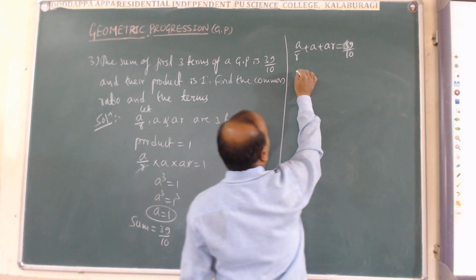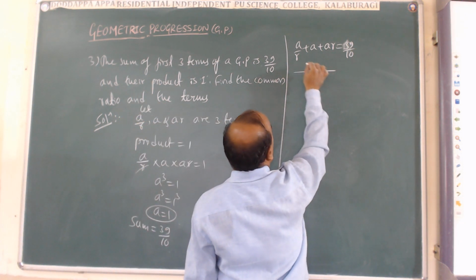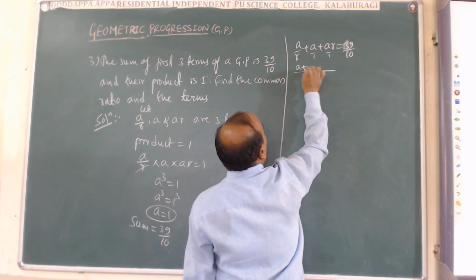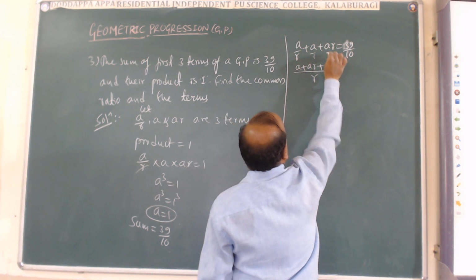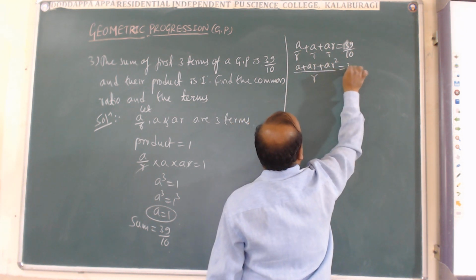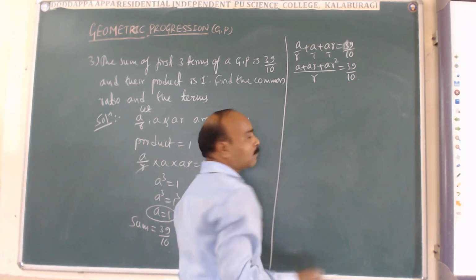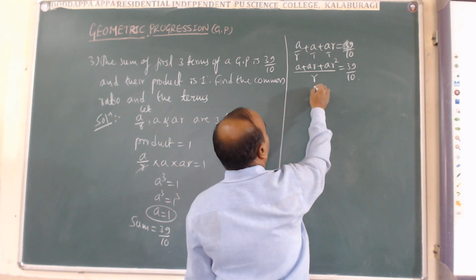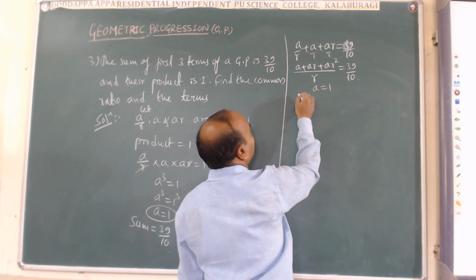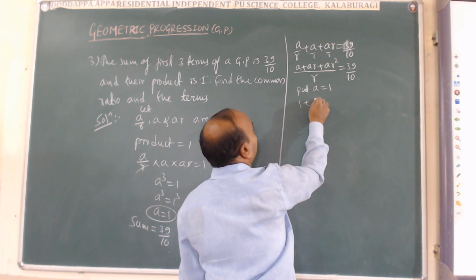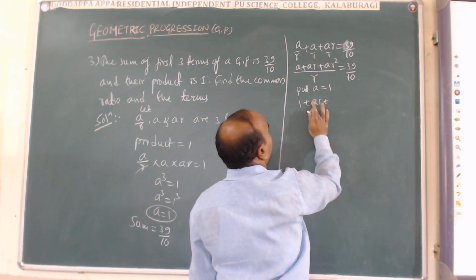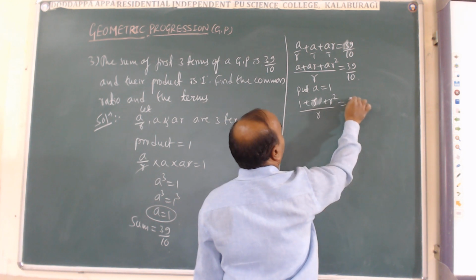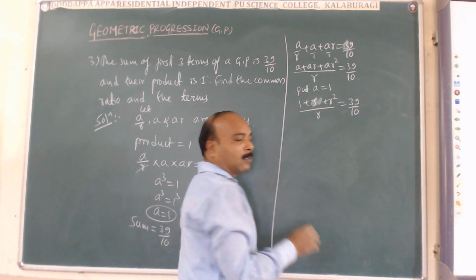Now LCM we take, LCM is r, it is multiplied by r, we get ar, it is also multiplied by r, ar square equal to 39 by 10. Here we got already a value, substitute here, a equal to 1, we get 1 plus r plus r square by r equal to 39 by 10.